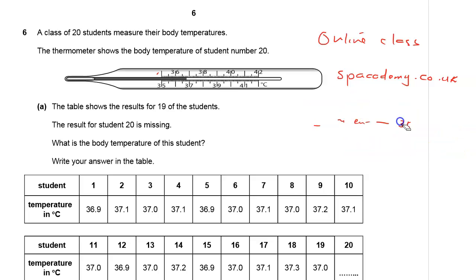Good. Let's continue with number 6. A class of 20 students measures their body temperature using a thermometer. The thermometer shows the body temperature of student number 20. You can read the temperature right there. The table shows the results for 19 of the students.